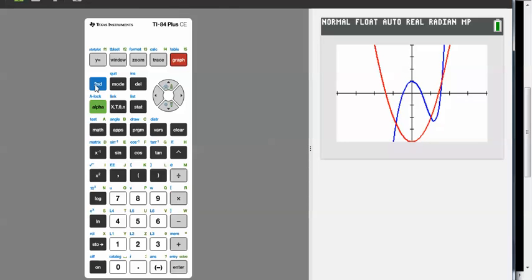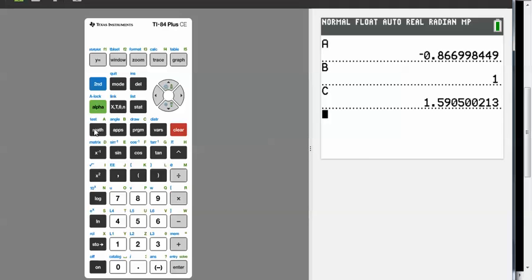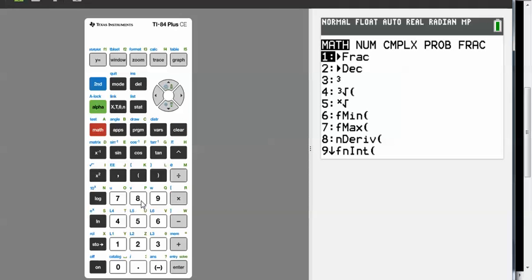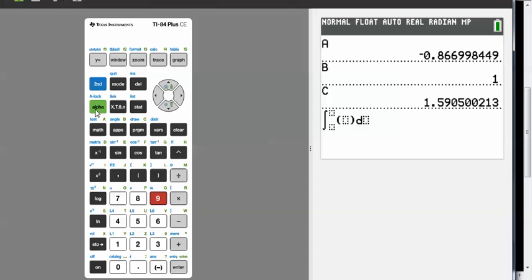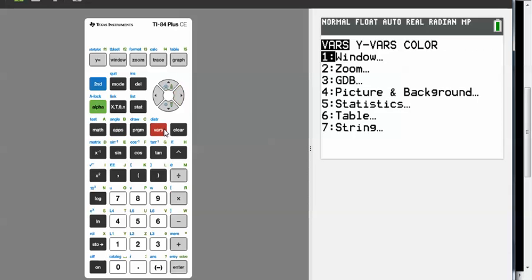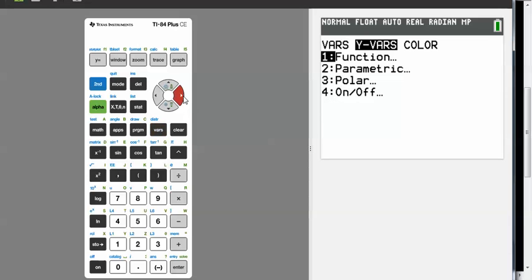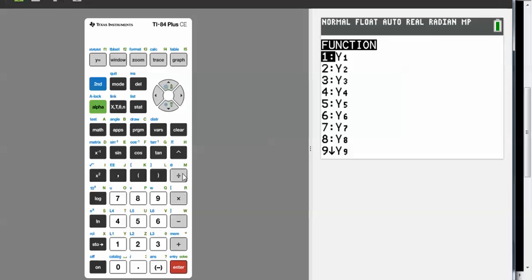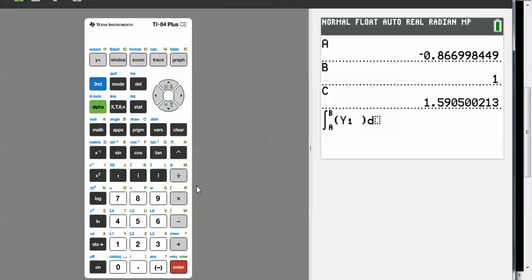In the first section from A to B, y1 is on top, but in the second section from B to C, y2 is on top. So how are we going to calculate this area? We're going to take math 9, the integral from A to B of y1 minus y2.